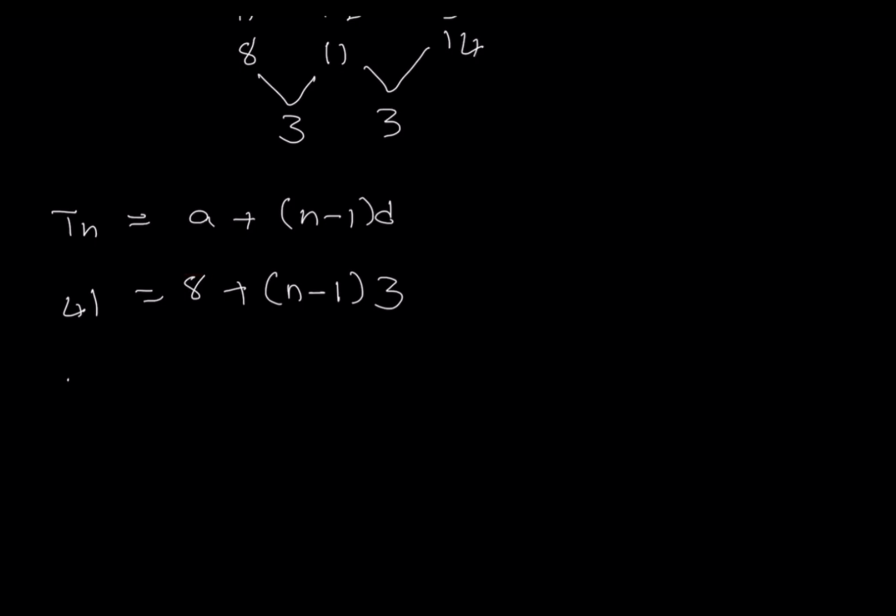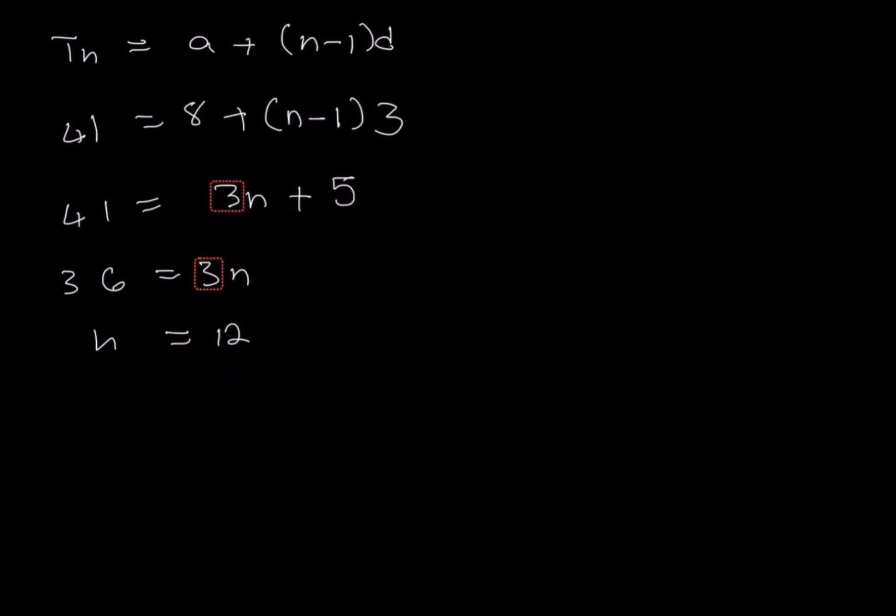This is going to be 41 equals 3n, so it's going to be 3n plus 5. Taking the 5 to that side, it's 36 equals 3n, and therefore n is actually 12. Therefore, T12 is equal to 41.